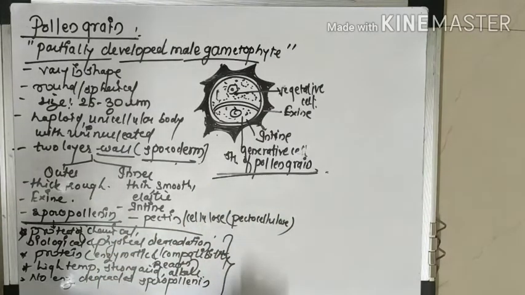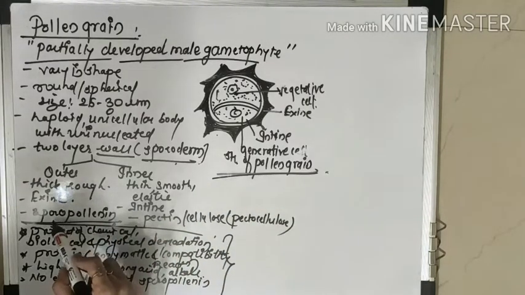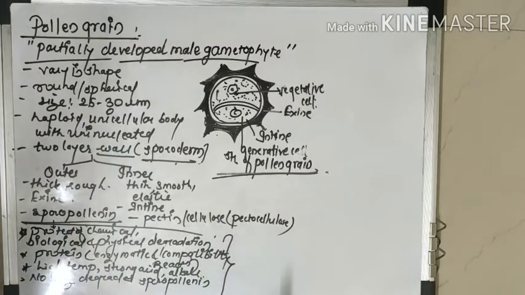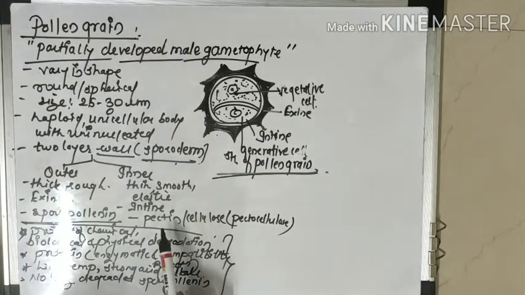The outer layer is made up of sporopollenin, whereas the inner layer is made up of pectin and cellulose, together called pectocellulose.